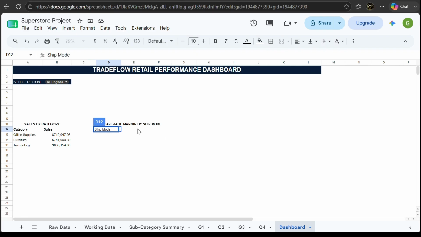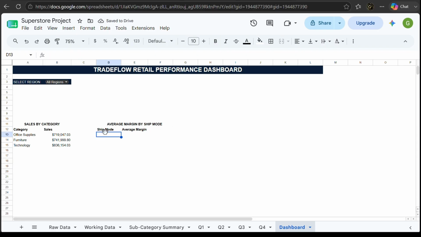Okay, and then at the next point I'm going to type average margin. Let me make this bold first, Control B and Control B. So I think that's nice. Now it's looking much better.